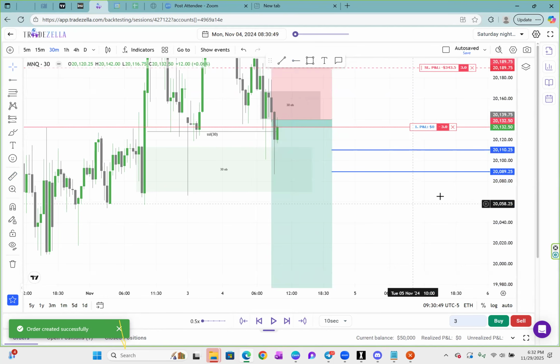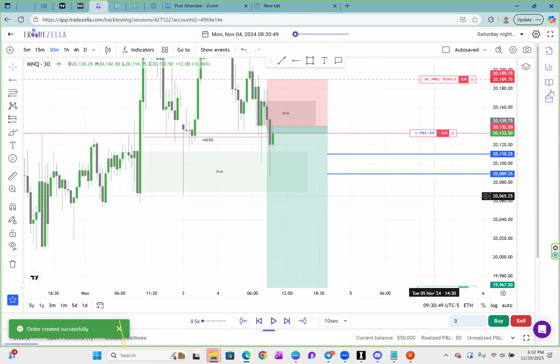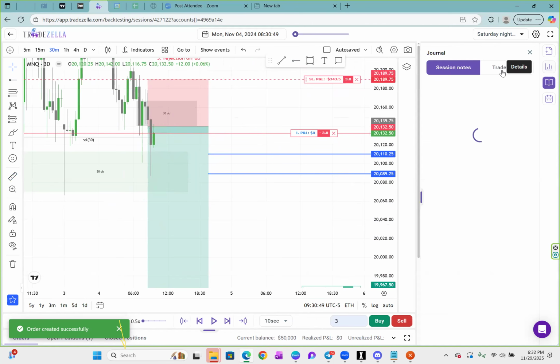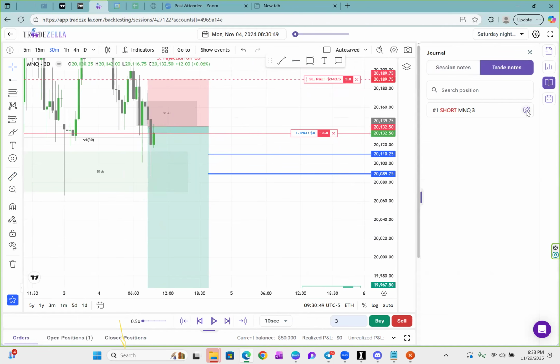Okay, so now that we're in this, I want you guys to go to journal and you would go to trade notes and we're going to edit the note. So I'm going to say getting in the sell because 1, SSL below, 2, imbalance to fill, and then 3, rejection off OB.